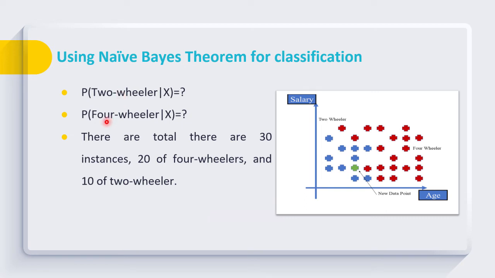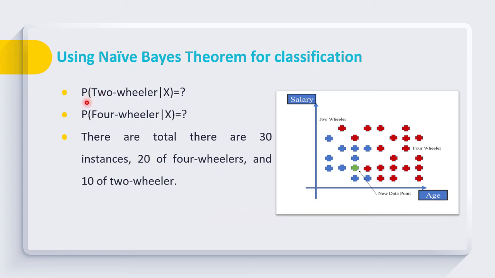Same way, we have to find out the probability of the second hypothesis, which is probability of four-wheeler given X. So we will be comparing these probabilities, and the class having maximum probability will be considered the winning class. We will be using Bayes theorem to calculate the value of two-wheeler given X or four-wheeler given X. As discussed, in this dataset we have 30 instances, 20 belong to four-wheeler and 10 belong to two-wheeler.